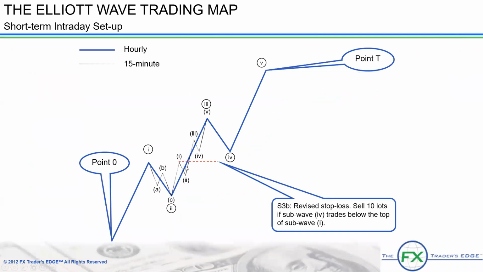Once the market moves up in a wave 3 and comes back down, this is all based on the rules of Elliott. You don't want wave 4 to go below the start of wave 1. You move your stop aggressively up to this level, and that was basically your entry. So you sell 10 lots if subwave 4 trades below the top of subwave 1.